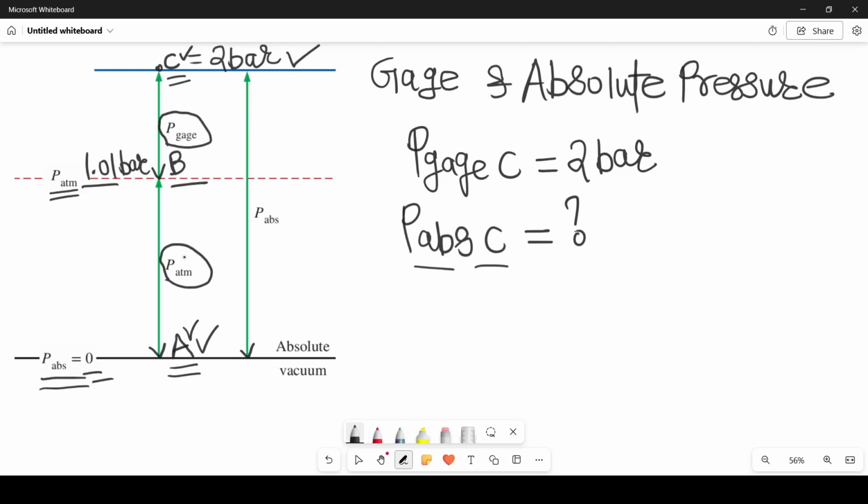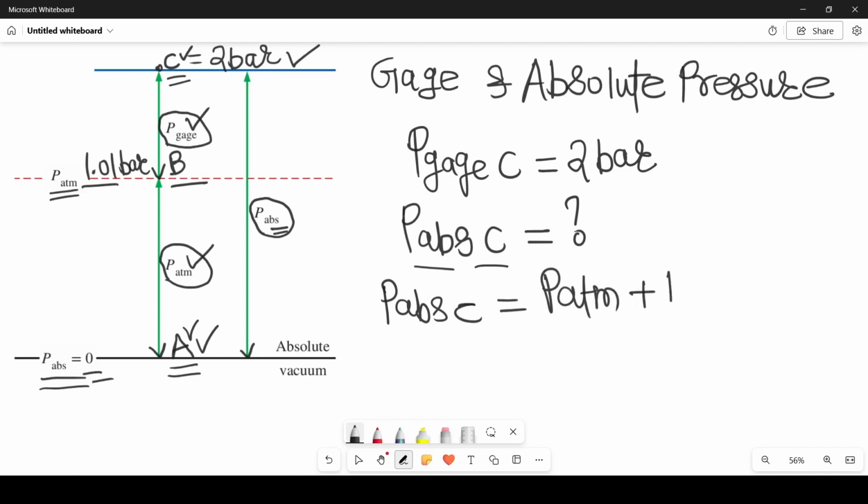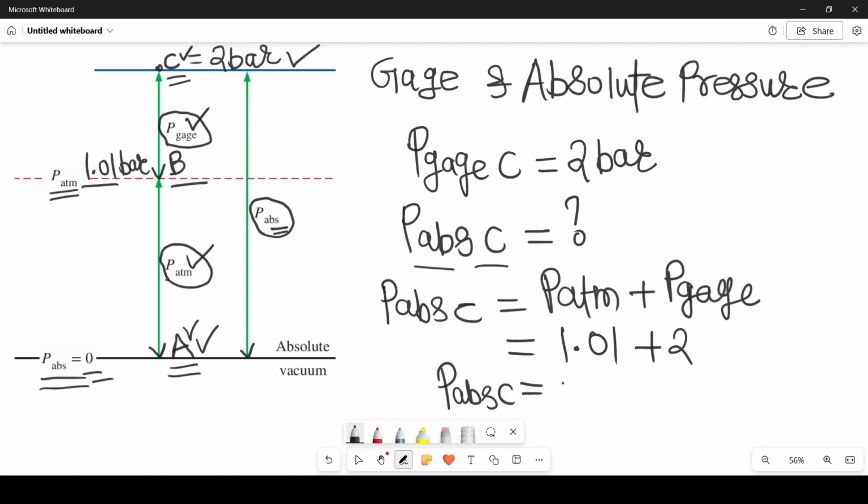So if I add atmospheric pressure plus gauge pressure, that will give me the absolute pressure at point C. So the absolute pressure at point C is equal to atmospheric pressure plus the gauge pressure. Atmospheric pressure is 1.01 bar plus the gauge pressure is 2 bar. So the absolute pressure at point C is equal to 3.01 bar.